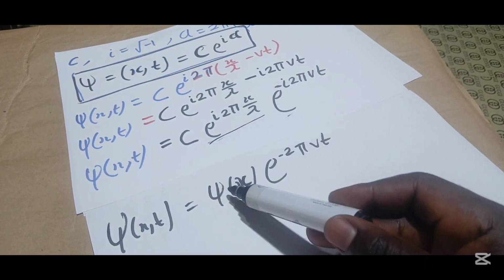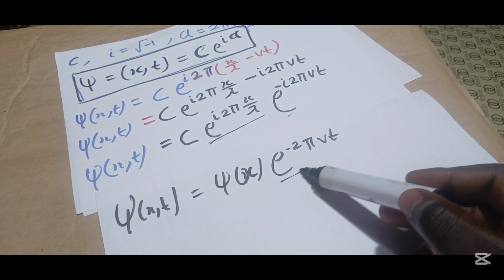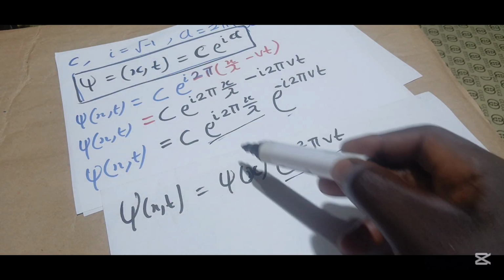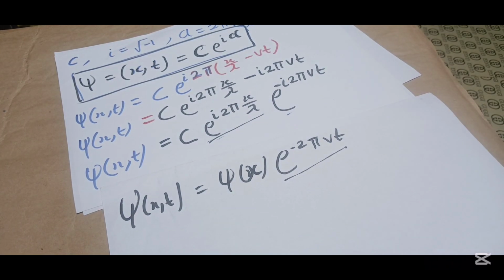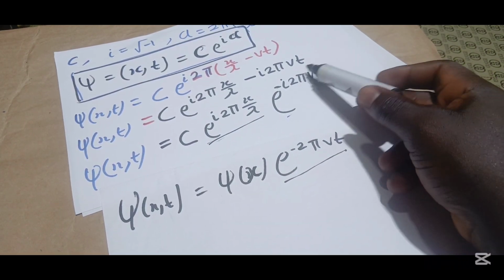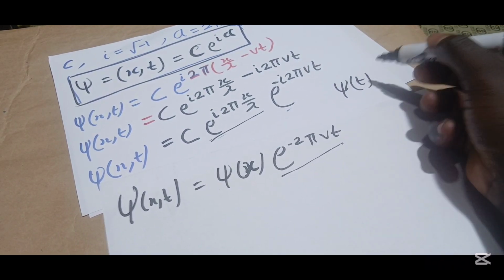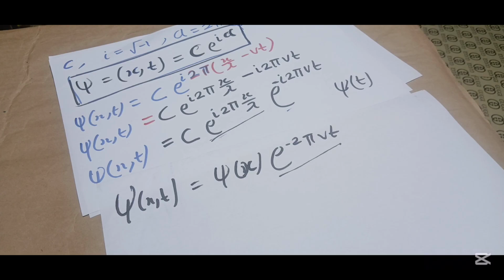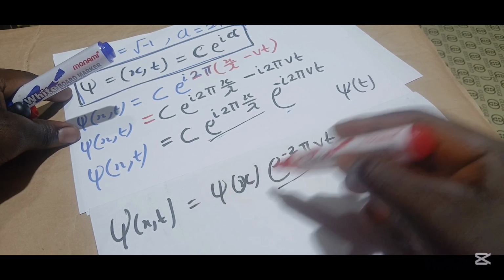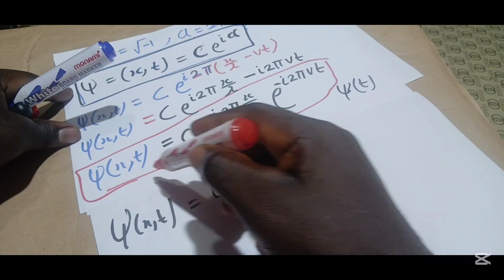We are replacing this by psi x as the distance part, right? And this one too is that of the time part. So if we bring psi x here, it means the whole of this thing here. And this two, we can replace this with psi t. So far, just know that we can also write this equation in this form.